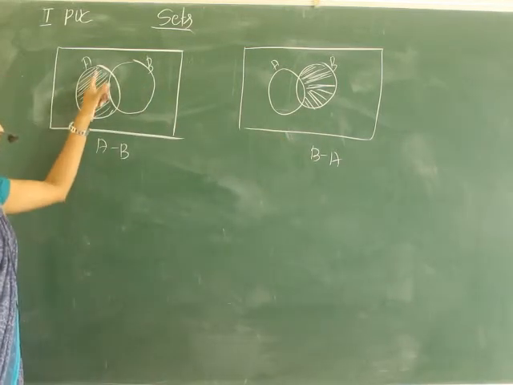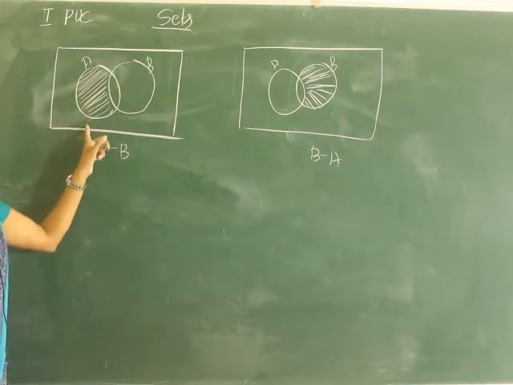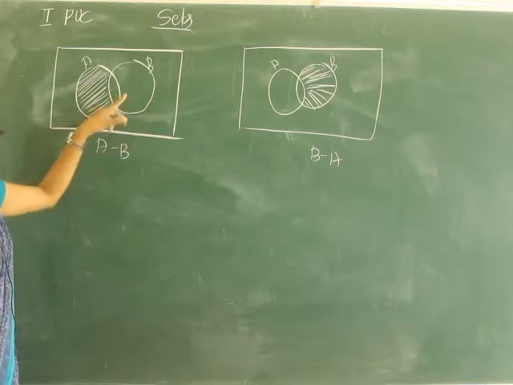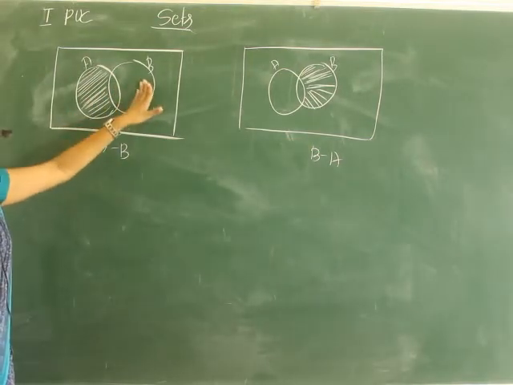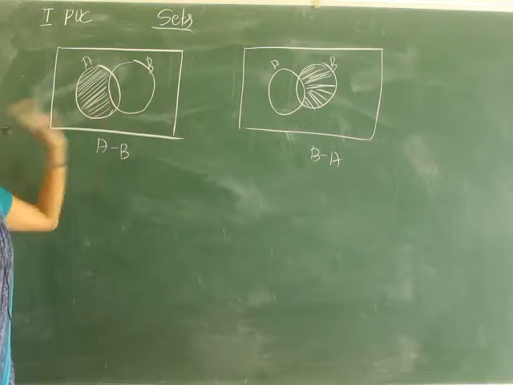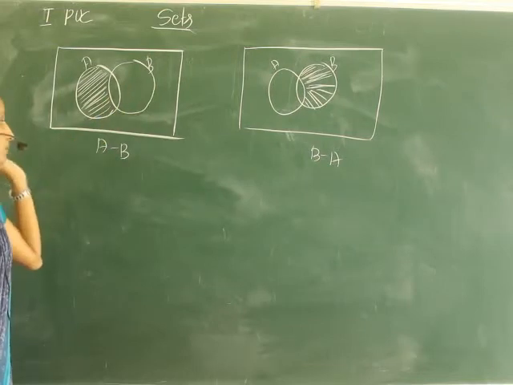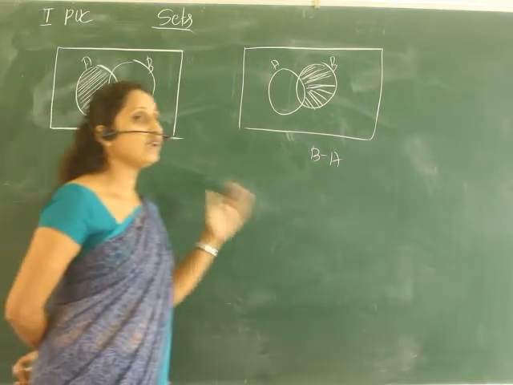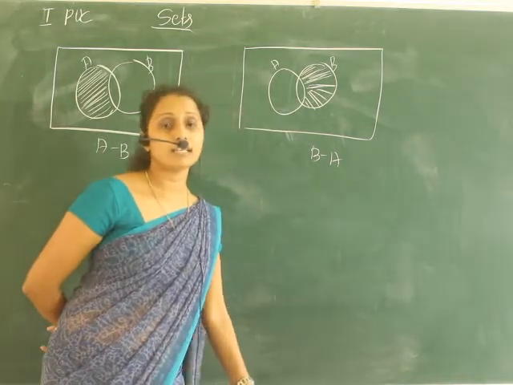Why? A minus B is the elements only in A, A intersection B is the elements in both A and B, and B minus A is the elements only in B. That means A minus B, B minus A and A intersection B are disjoint sets.